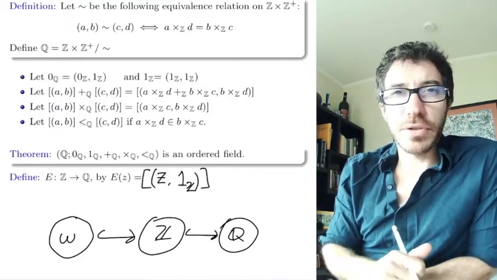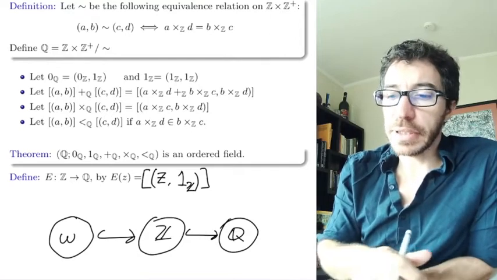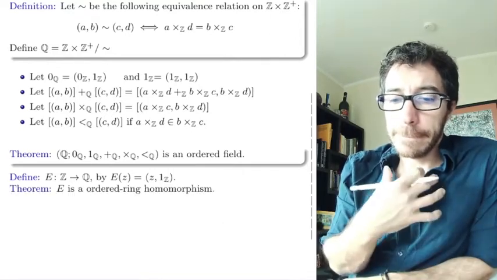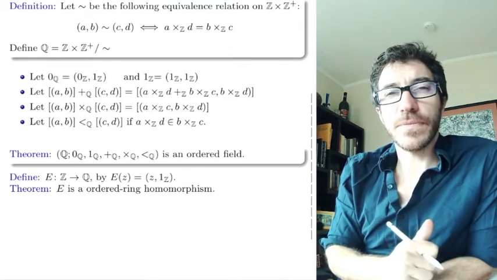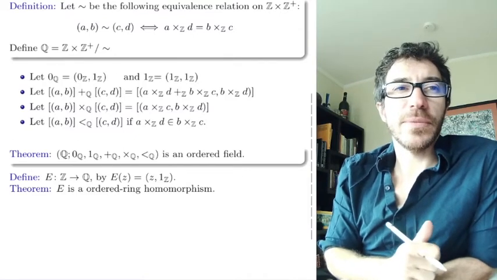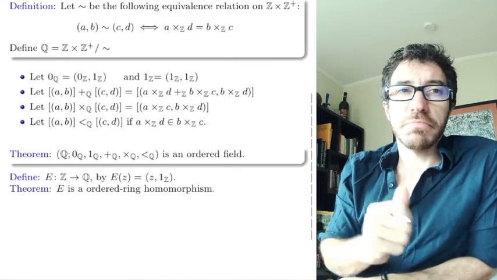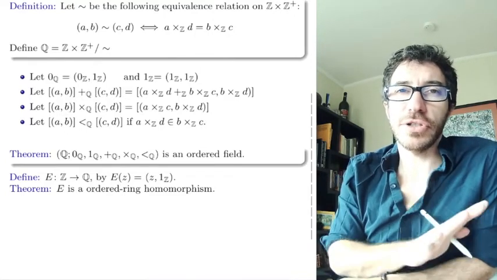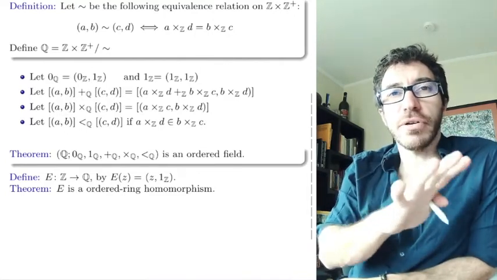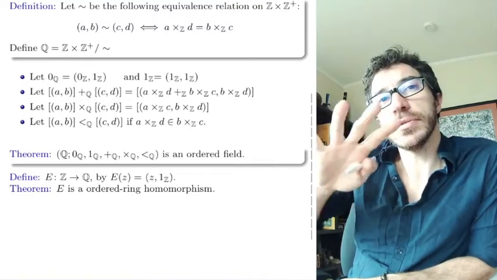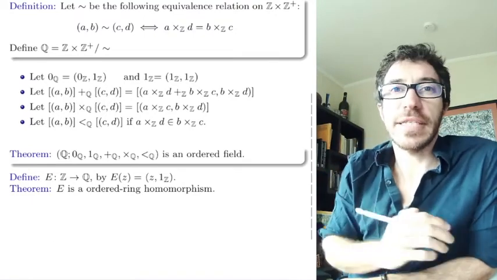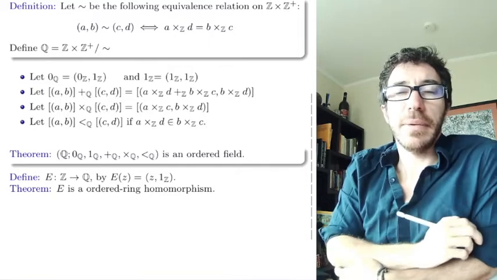And of course, once you define an embedding, you have to show that the operations and the order that we had on the integers stay preserved. So addition on the integers, if you look at addition of the corresponding rationals when you go through this map, you should get the same thing. That's what you want.